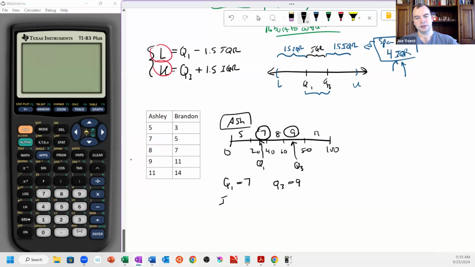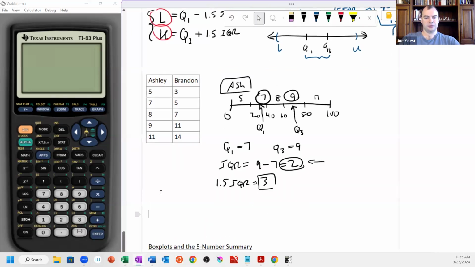The IQR is 9 minus 7, or 2. So my measure of variation here is 2 units, or 2 returns per day. 1.5 IQRs is 1.5 times this number, which gives me 3.